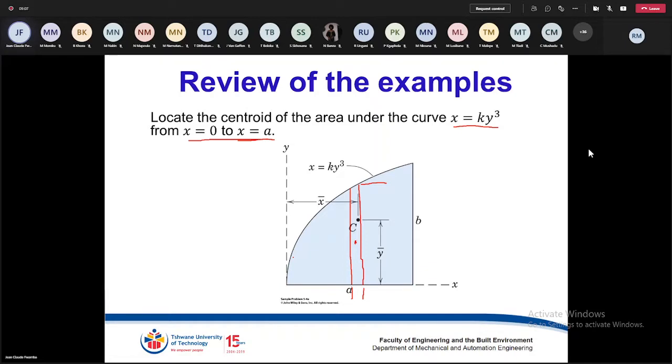Next will be, let me look into those perpendicular distances. Right. By definition, your x perpendicular distance is from the centroid up to your y-axis. Right. The second one, your y perpendicular distance will be from the centroid up to the centroid of my stripe.